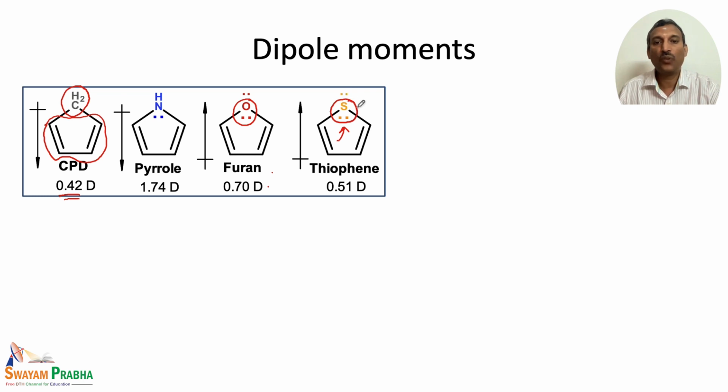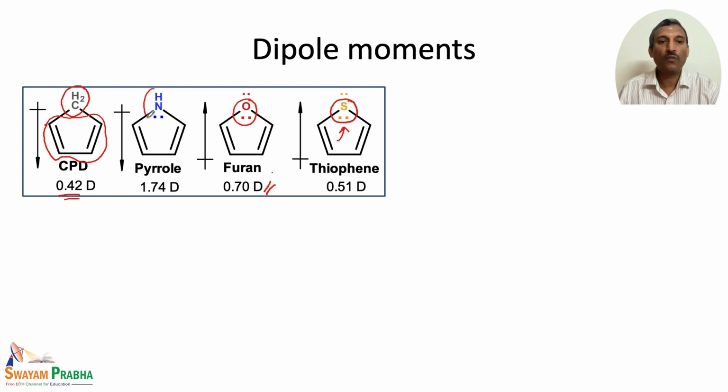Because the sulfur is a huge atom compared to oxygen, there is a distribution or a diffusion of the charge on the various orbitals. So that is the reason oxygen is having a much higher dipole moment compared to thiophene. But when we look at the pyrrole, this is a very unique case.